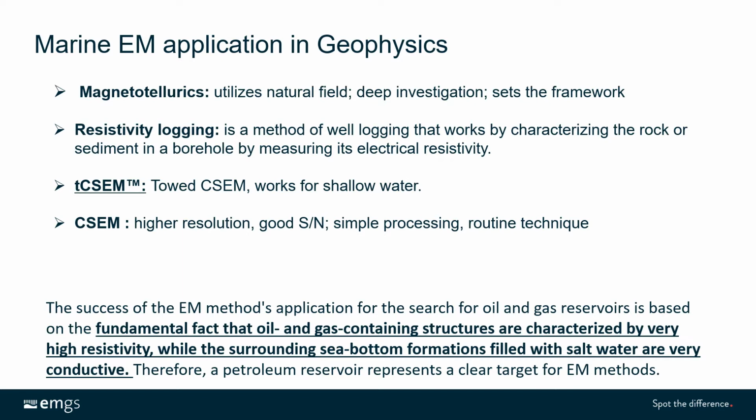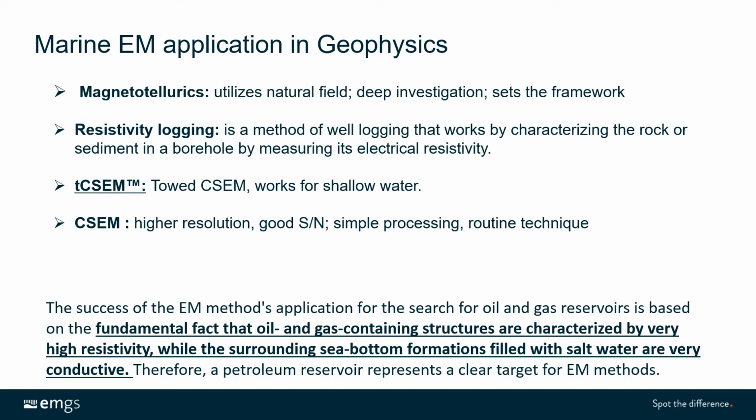The second one is resistivity logging, which is, when you do well logging, there are a number of logging data available like resistivity, sonic, gamma ray, density, and many more. Resistivity is one of the key tools used to interpret the oil and gas zone where the oil and gas or hydrocarbon are present.